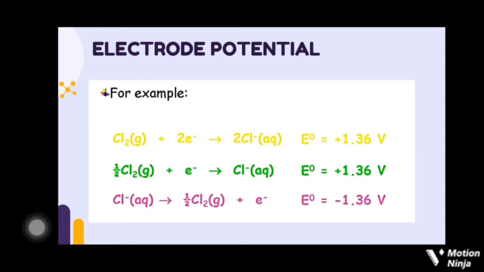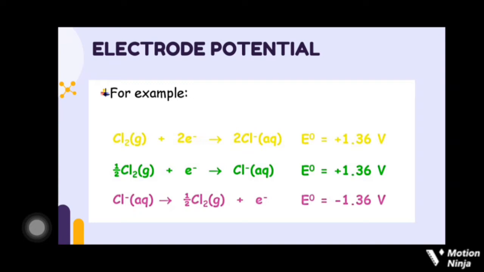Here is the example. The first thing stated is that E naught will change if the reaction is reversed. Look at the third one. It is different from the first two reactions. It was reversed, and the cell potential, or E naught, changed from positive to negative.